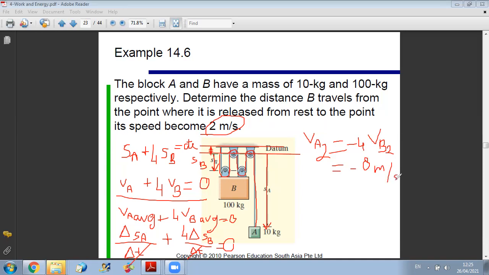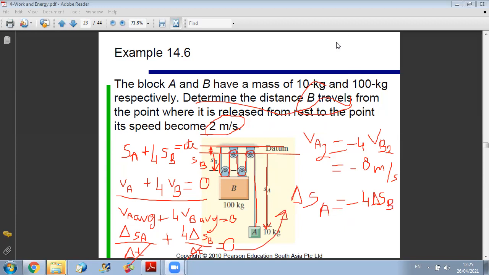And for displacement, since I am interested in the distance traveled by B, meaning I want delta SB, I will express delta SA as a function of delta SB. Delta SA can be replaced, from this relation, by minus 4 delta SB. And now the only unknown in my work and energy theorem will be delta SB. So I just have to do a replacement.